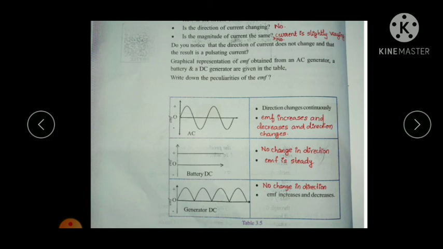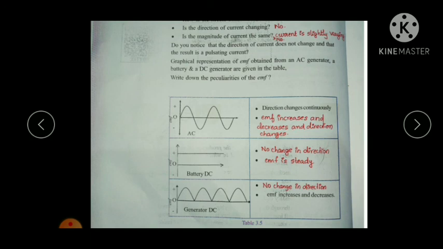So what we learned today, we learned something about this DC generator and the various stages of rotation of armature coil. Then we learned what is period. Period means the time taken by the armature coil for one full rotation, that is represented as T. Then we learned what is frequency.